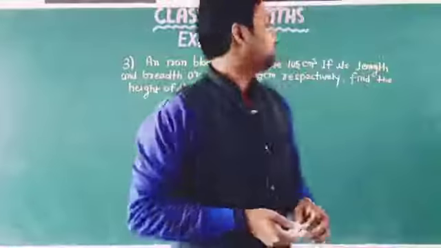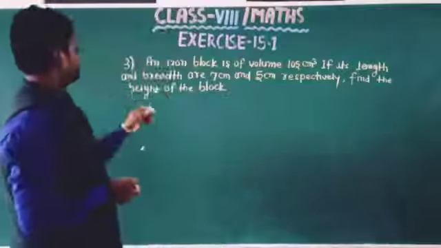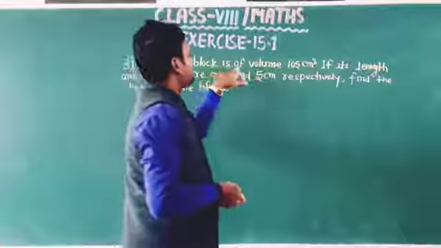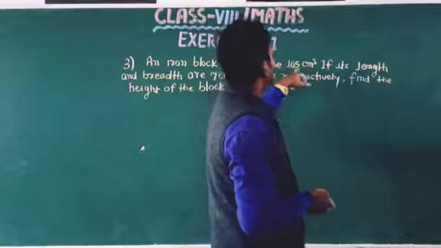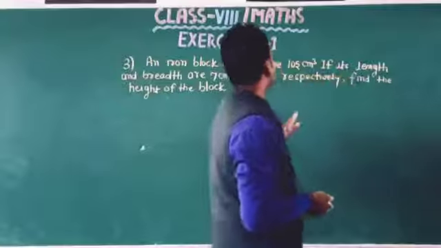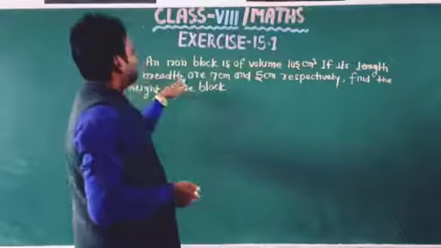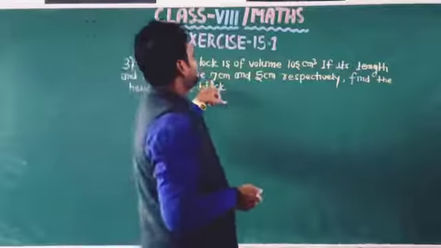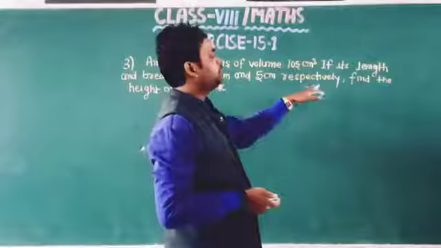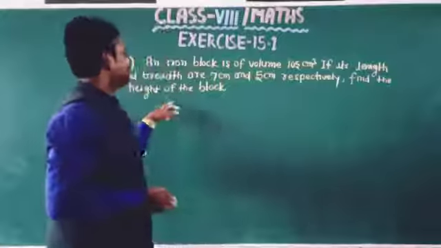In this question we are given an iron block of volume 105 centimeter cube. If its length and breadth are 7 centimeter and 5 centimeter respectively, then we need to find the height of the block.